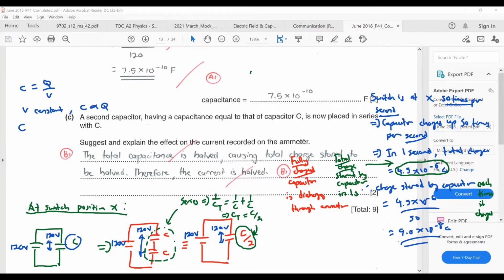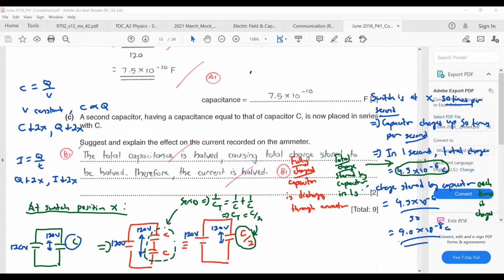The moment you add another capacitor, you cause your total combined capacitance to drop by half. So your charge stored would drop by half also. If your charge stored drops by half, your current will also be half, because I equals Q over t. If your Q drops by half, your I will obviously drop by half.